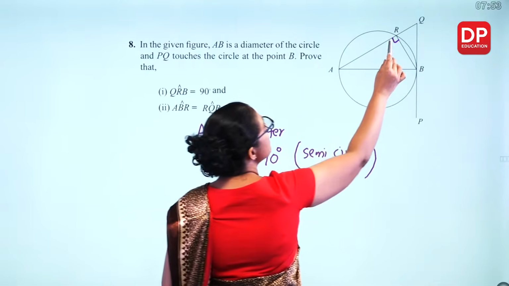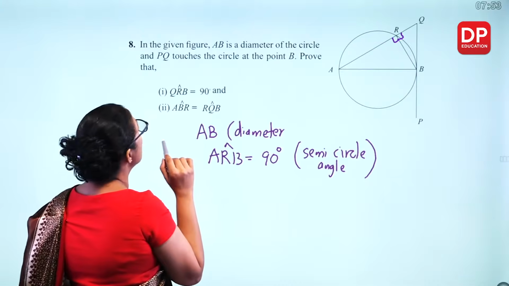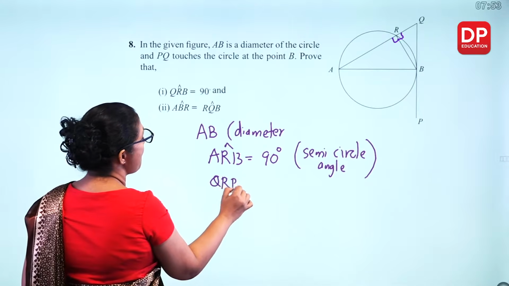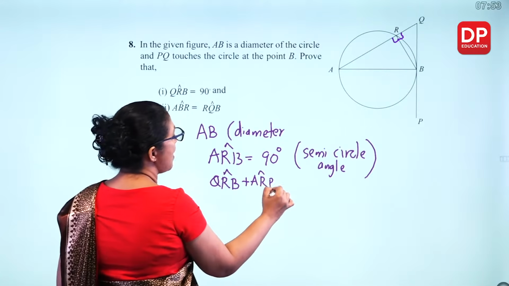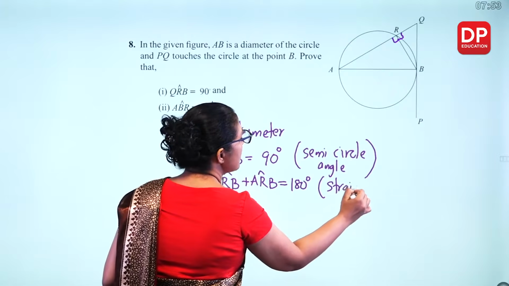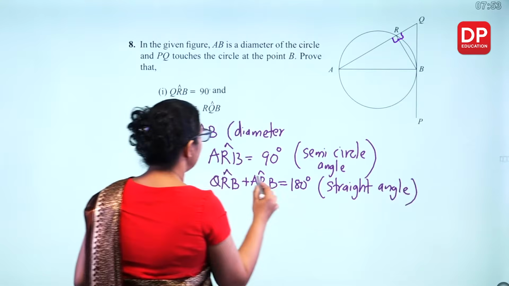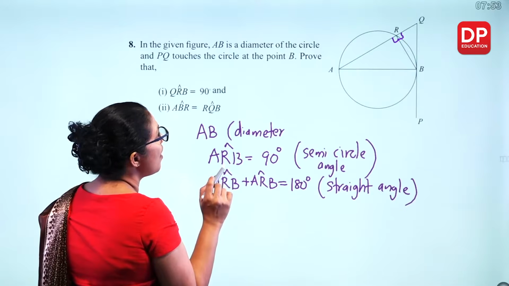If this is 90, this is a straight line, this is also 90. So QRB plus ARB is 180 because of a straight angle. So what's QRB?